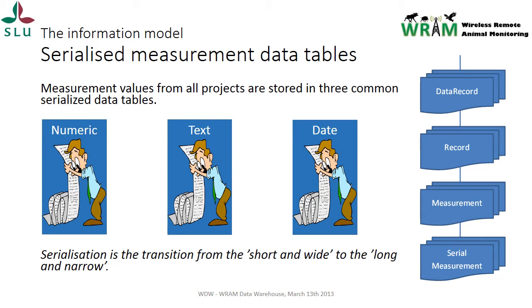Of course, storing measurement data is central to our model design. To afford the scalability we desire, we've chosen to store data in serialized measurement tables. Numeric, text and date tables will store all measurement data across all hosted projects.